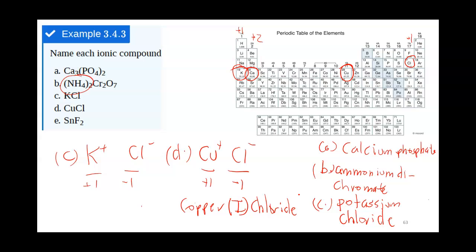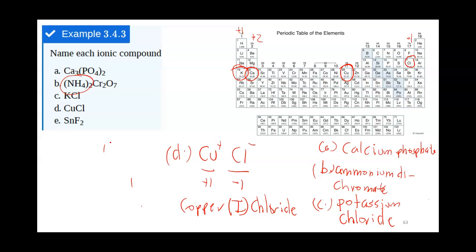So not too bad, because to name the monatomic anion, we take the stem name of the nonmetal, and then we just add the letters IDE to the end. So Cl- is chloride.